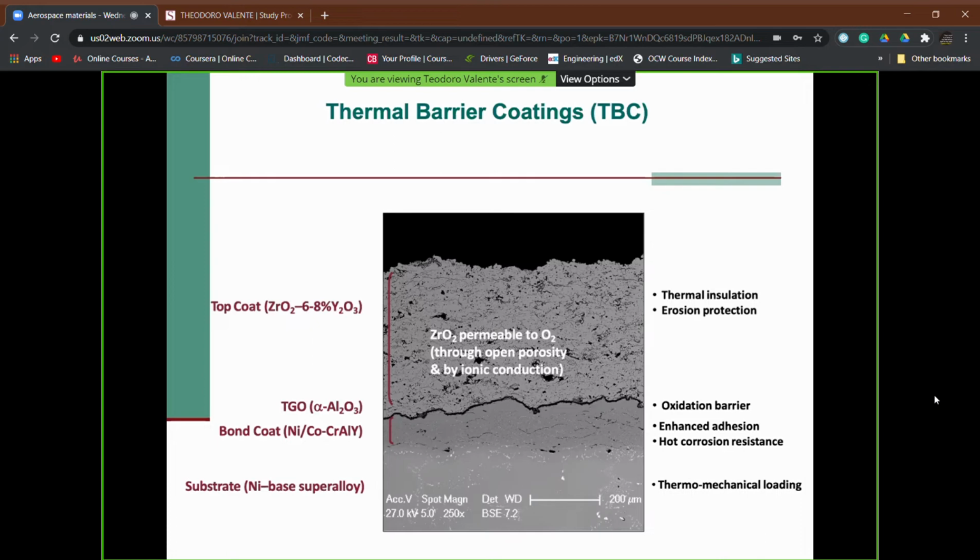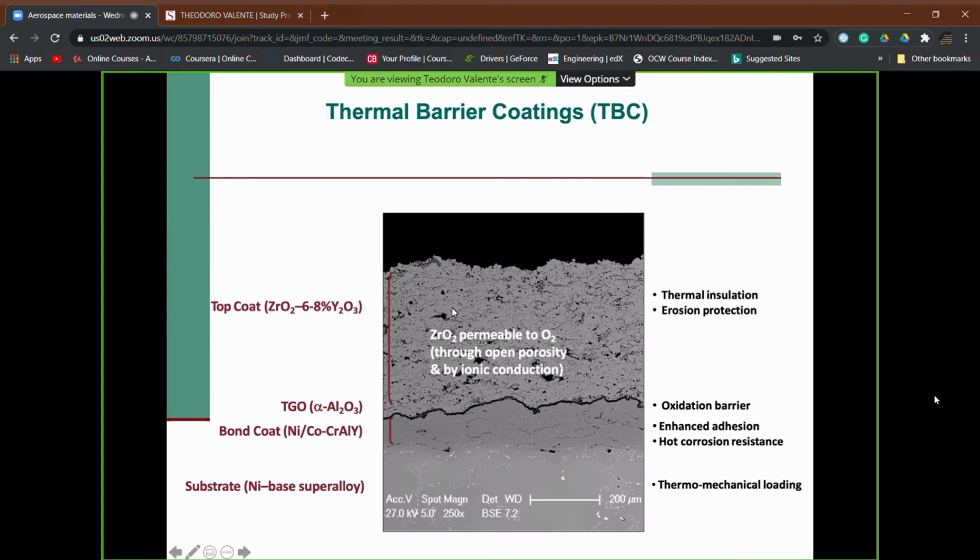And dealing with this problem, the first solution is that we will not use pure zirconia, but we will use the concept of partially stabilized zirconia. The most performing solution nowadays, also looking at the economical aspect, is to partially stabilize the zirconia by using from 6 to 8% in weight of another oxide, yttrium oxide, Y2O3.